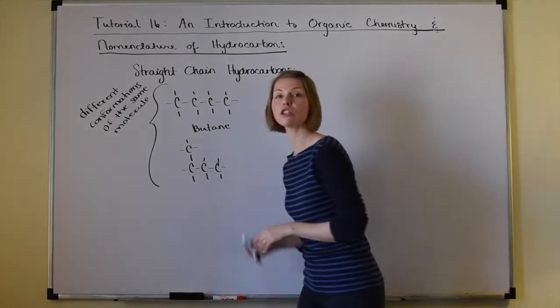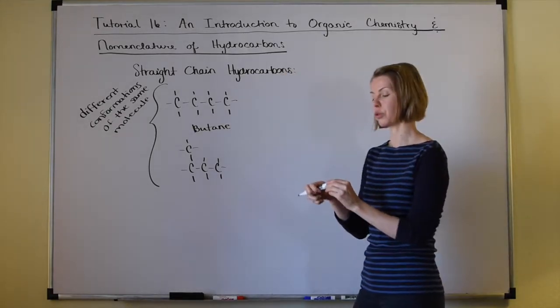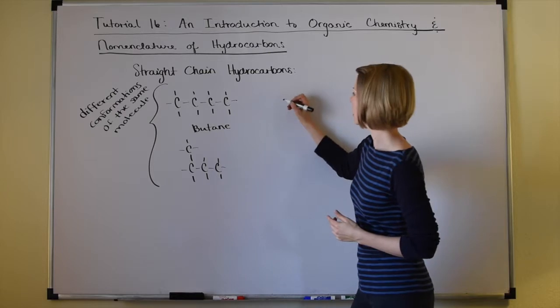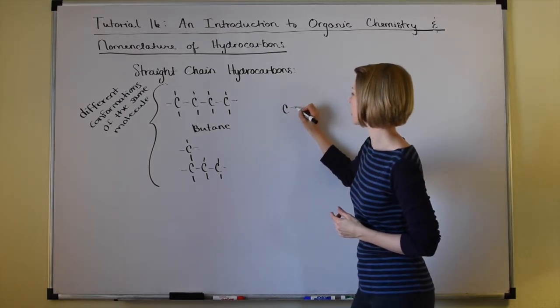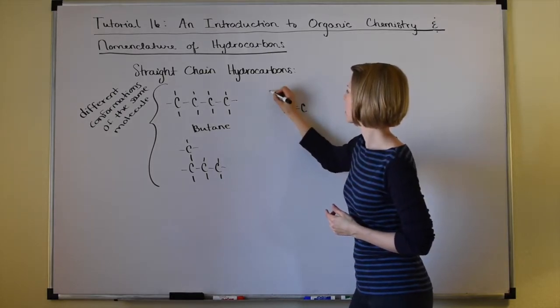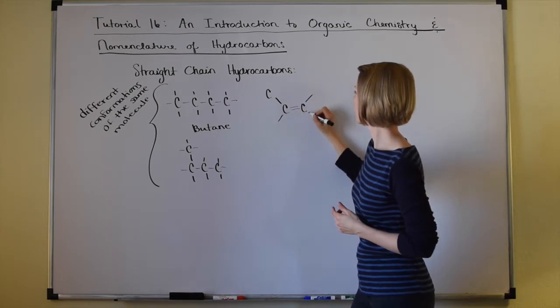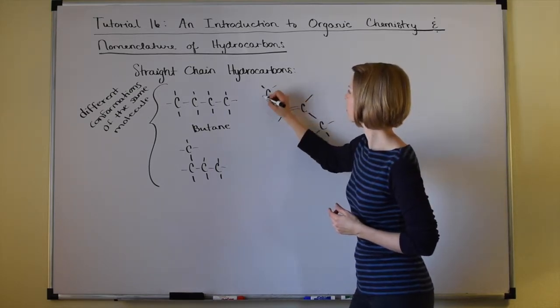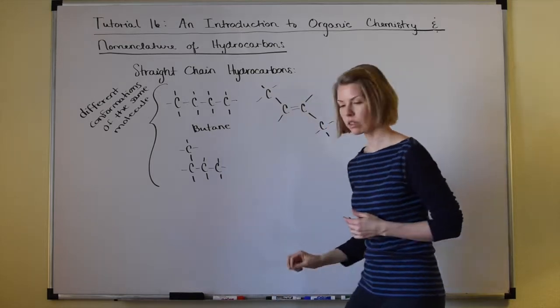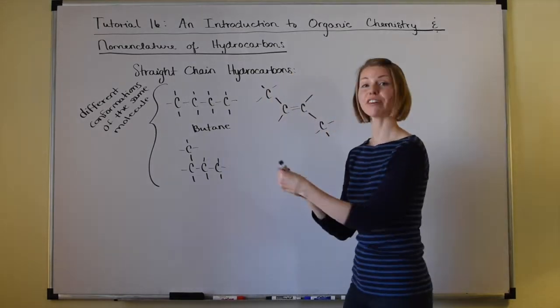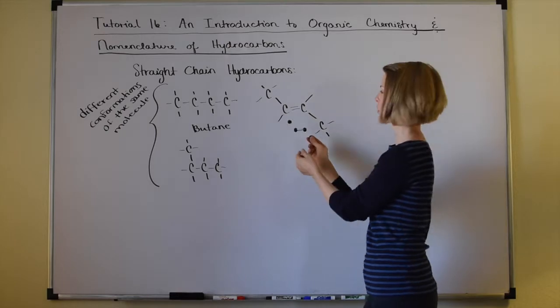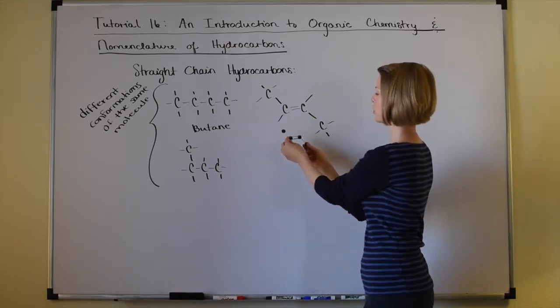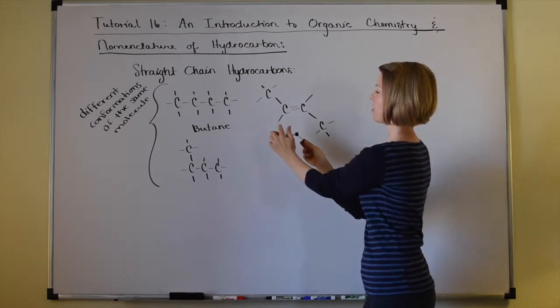So if we take a look at a 4 carbon molecule with a double bond, let's just choose 2-butene. And I just happen to have a little 4 carbon backbone for 2-butene. So you can see my double bond here, and then these are single bonds.